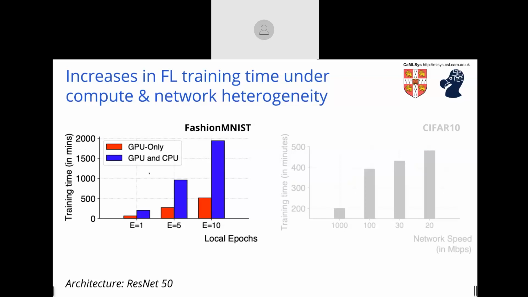Now, the only difference, though, is that within that small pool of clients, we disabled the GPU of one of those clients. So you had basically one client that was crippled, that was much slower than the others. And then we looked at what happened to the overall system performance of the federated learning system to actually train. What you can see there is that there is a huge increase of 3.5 times in terms of the length of time it takes to train, when only 1 in 50 has a significantly slower computational capacity if they're fully participating within the federated learning algorithm.